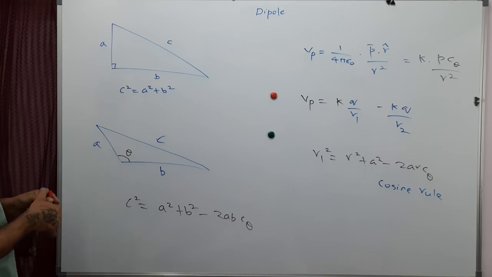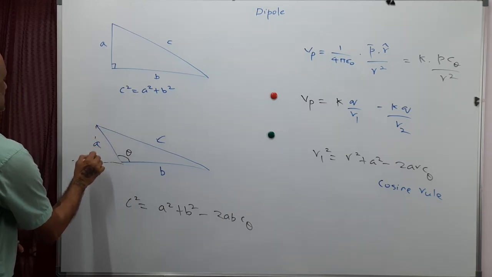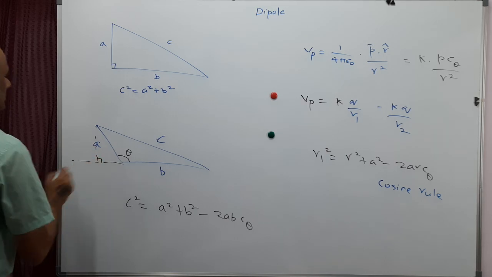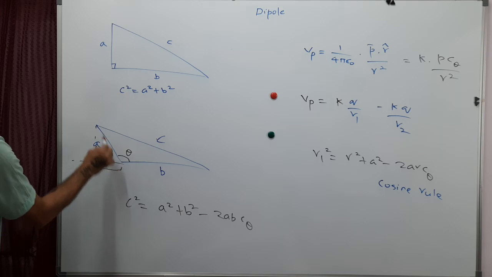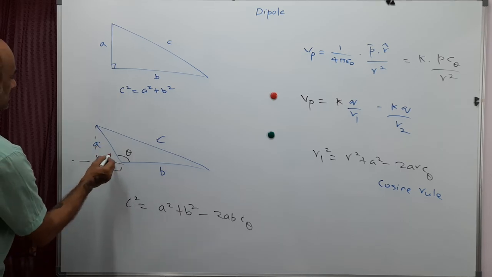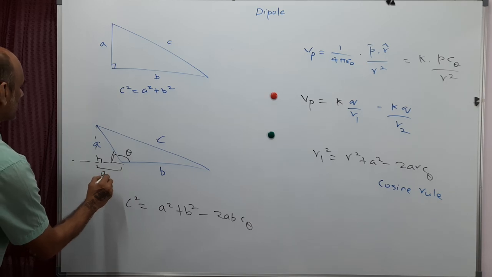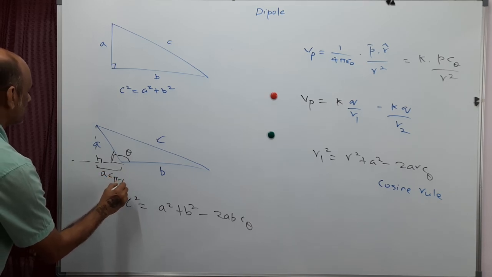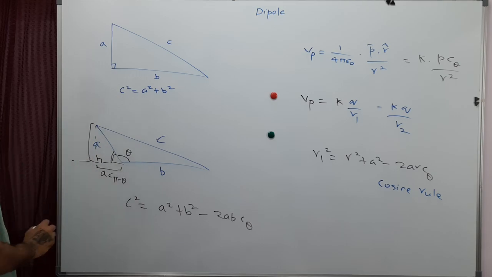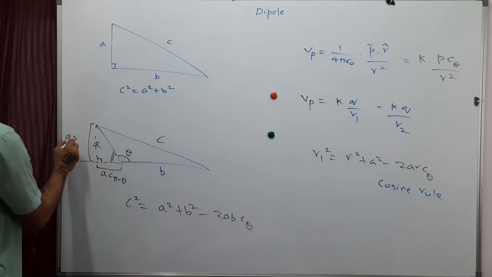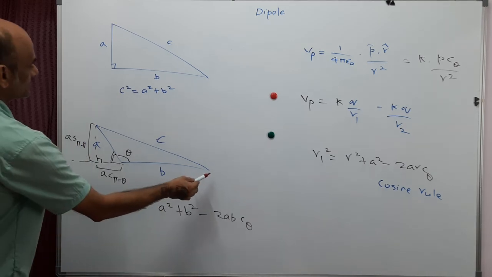To prove this, complete the right angle triangle like this. So this distance from here to here, this length is A, and this is pi minus theta. So this is A cos pi minus theta, and this vertical distance or height is A sine pi minus theta. So we can apply Pythagoras to this bigger triangle.